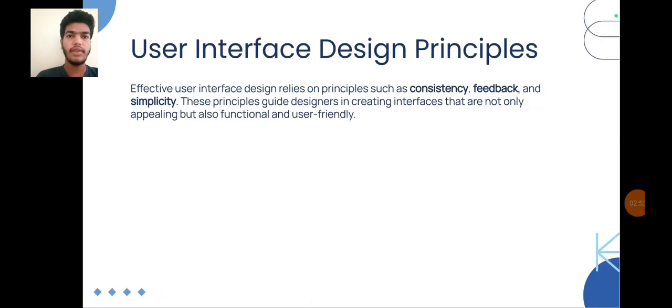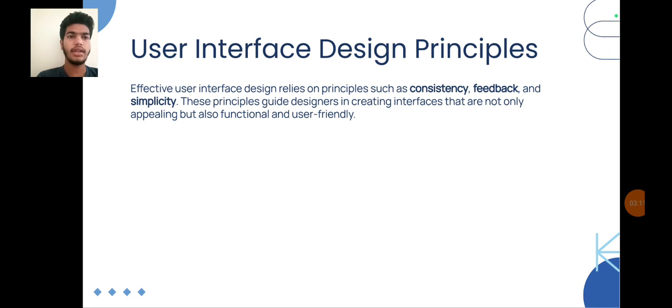User interface design principles. Effective user interface design relies on principles such as consistency, feedback, and simplicity. These principles guide designers in creating interfaces that are not only appealing but also functional and user friendly.